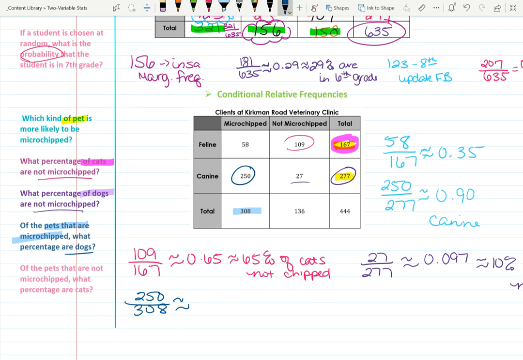So, sorry if you can hear my dog. 0.81. So about 81% of chipped pets are dogs.